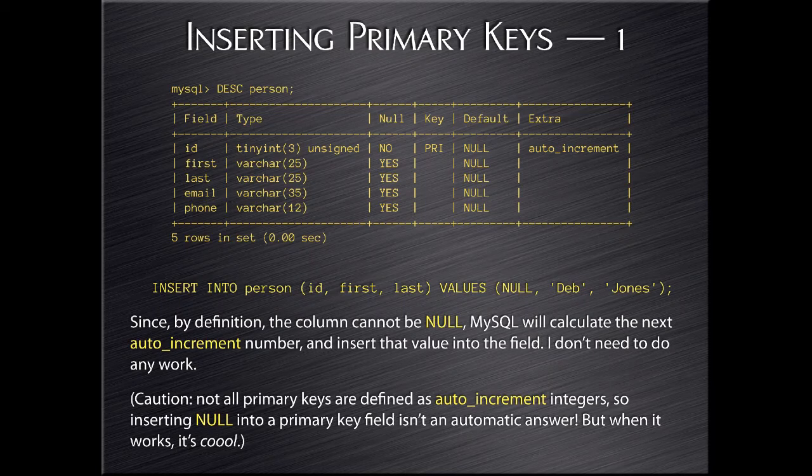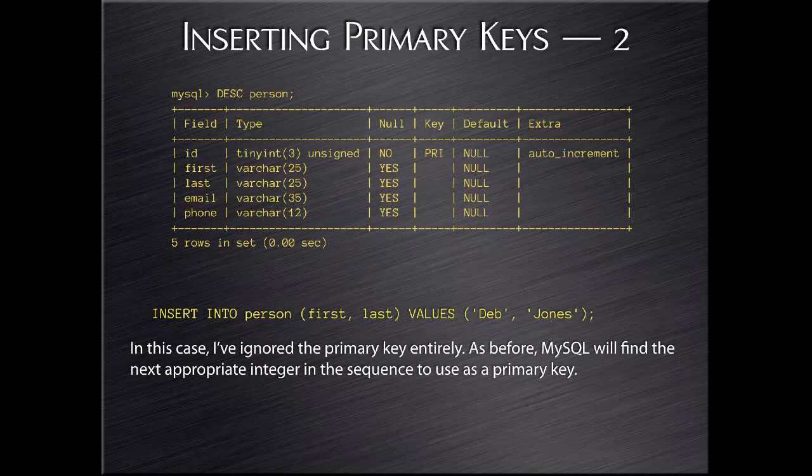All right, so that's one way. Here's the lesson of the slide: I can, in fact, put null into an ID primary key column, at least if it's an integer with an auto increment, because MySQL will figure out what goes in there. Now, the second way that I can do this is to ignore the ID column entirely. I do both of these techniques, but this one I think works pretty well. Here I'm inserting into person only 2 columns, first and last, ignoring email and phone, and ignoring ID. And into first and last, I'm just inserting Deb and Jones.